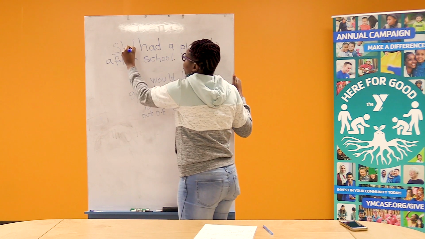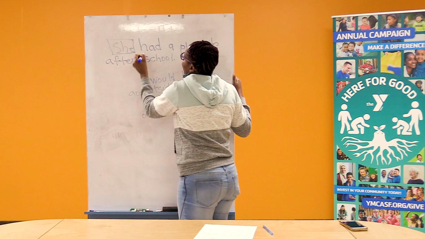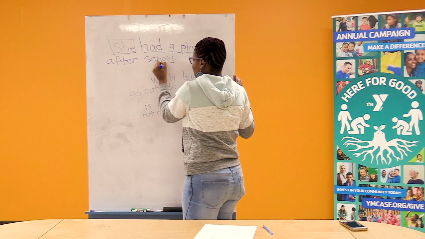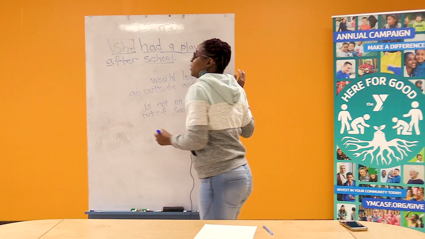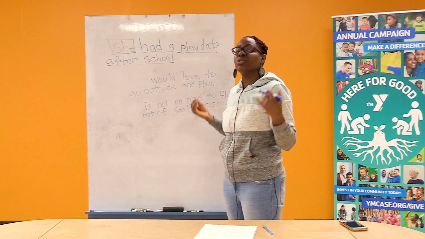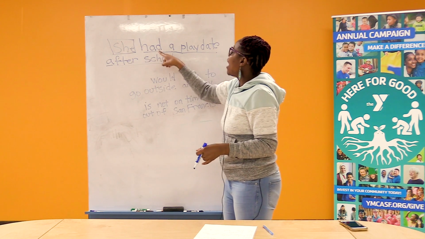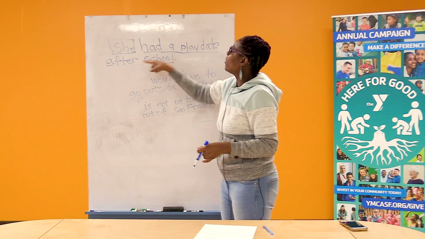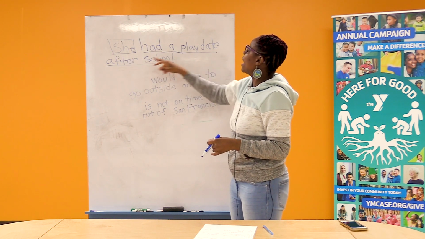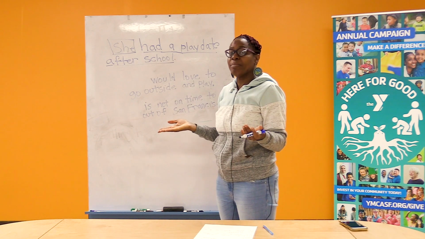I can actually put a square around the subject matter, and then I can just underline the predicate too. That's another way that you can differentiate between the subject and the predicate matter to make it easier to memorize. She had a play date after school. She is the subject matter. Had a play date after school is the predicate matter.